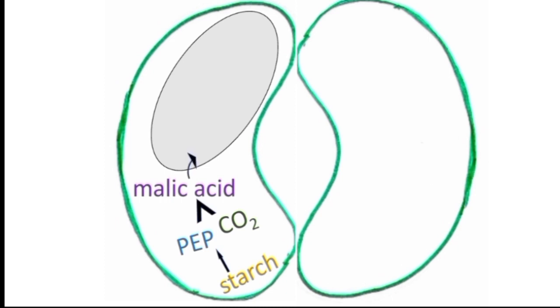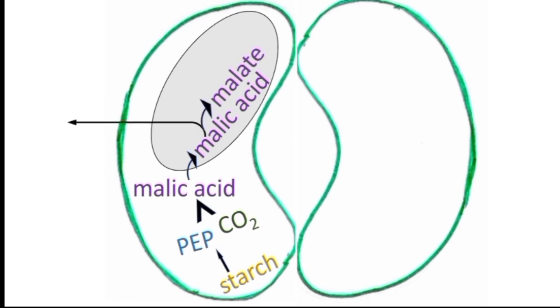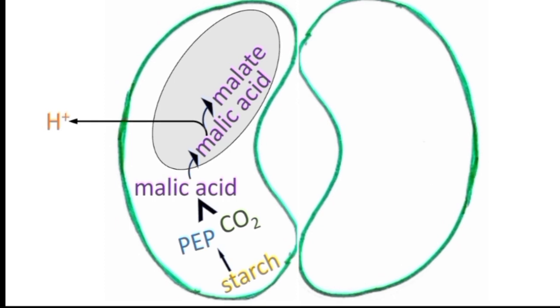This malic acid is transported to the vacuoles, and in the cell it releases hydrogen ions that are exported to the subsidiary cells. As the hydrogen ions are transferred to the subsidiary cells, to maintain the ionic balance, potassium ions are transferred from subsidiary cells to the guard cells.